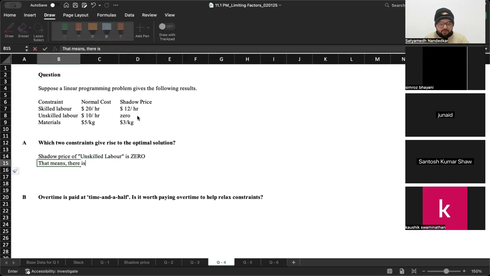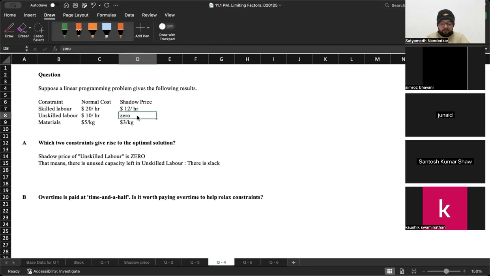That means there is unused capacity left in unskilled labor. There is unused capacity in unskilled labor, there is slack. So this is not a critical resource.